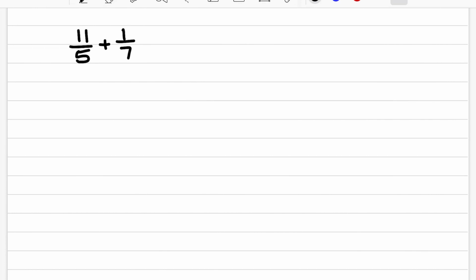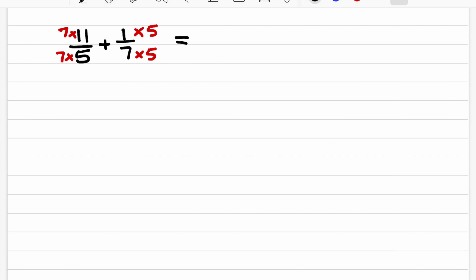So when you're adding fractions, you need to have the same denominator. That means the same number on the bottom. So what we're going to do is multiply the top and bottom of this one by 7 and the top and bottom of this one by 5.